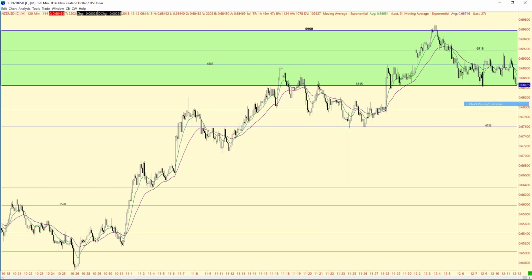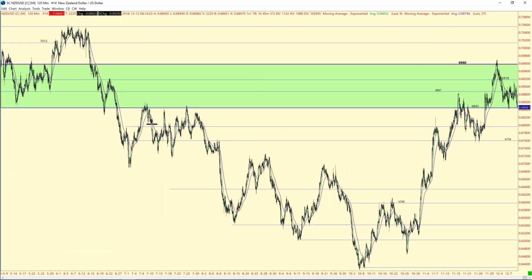If we're able to break here, we're going to keep this 68.45 because it is important. It's at the lower portion of this zone. It's going to be important if they're able to get beyond that. Also, that was key on the daily. We'll take a look at that also.